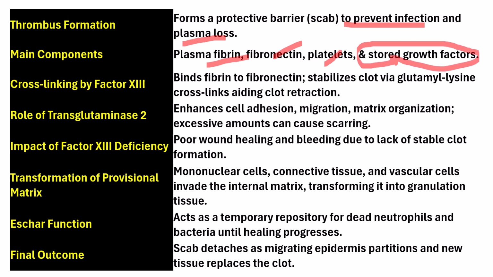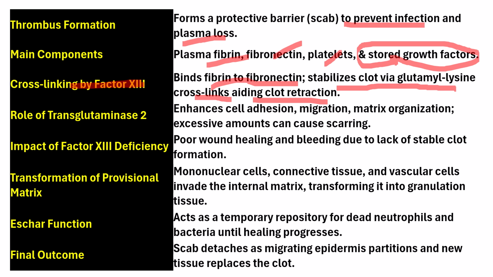There is binding of the fibrin to the fibronectin, and this is achieved by cross-linking by the factor 13, and there is a stabilization of the clot via glutamyl lysine cross-links that aid clot retraction.